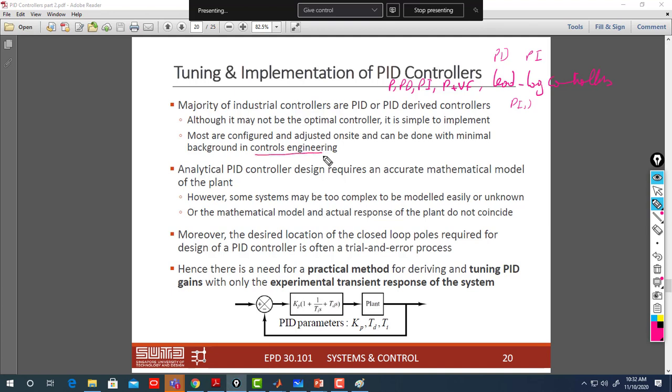You don't need to take a control course to know how to tune the PID parameters on site. You just keep tuning and look at the response until you get tracking.